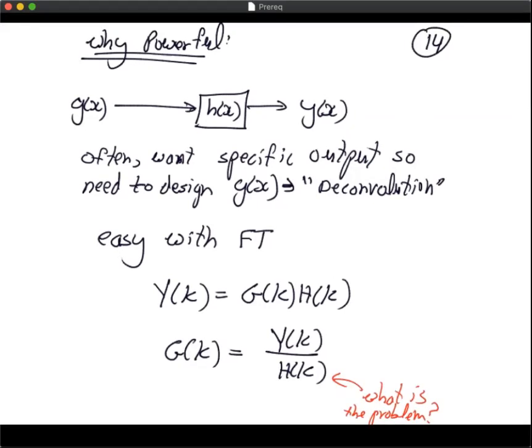Well, h of k could have zero frequencies, which basically means it's like zeroing out certain frequencies from the input. And so it's ill-posed to try to reconstruct those frequencies. That's right. So if h of k has some zeros, then this is ill-defined, it's just not defined well. So I'm going to have a problem. And you're absolutely right, deconvolution is not a trivial operation.